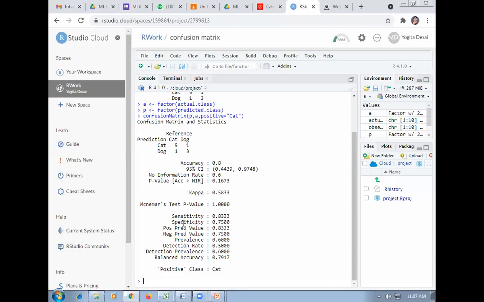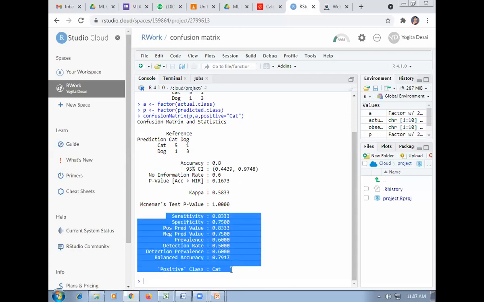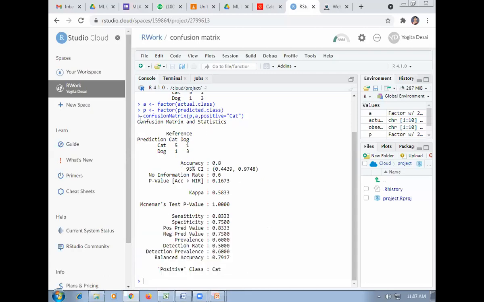Then sensitivity, specificity, positive predicted value, negative predicted value, prevalence, detection rate, detection prevalence, and balanced accuracy are there. All these values are calculated automatically because we have written the function directly, which is the inbuilt function confusion matrix.